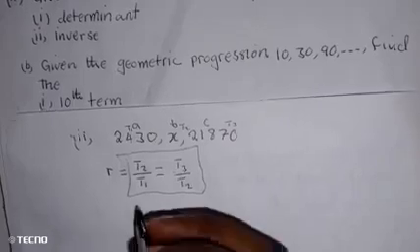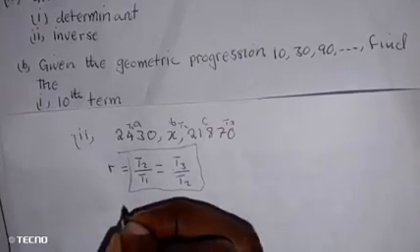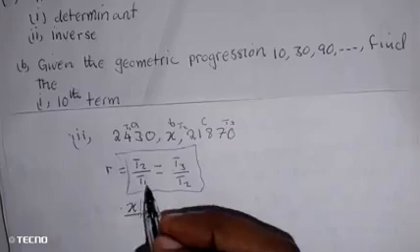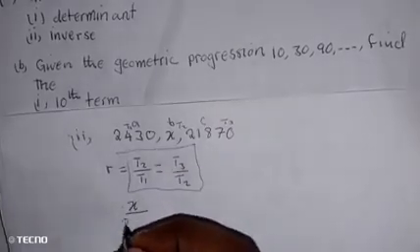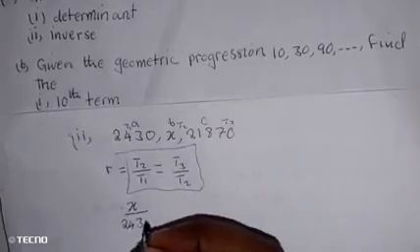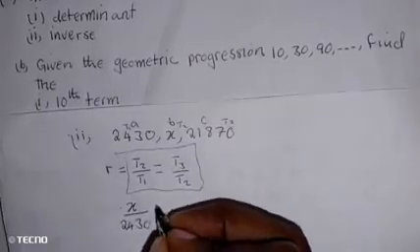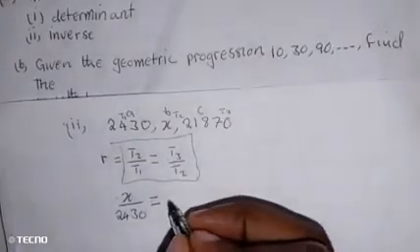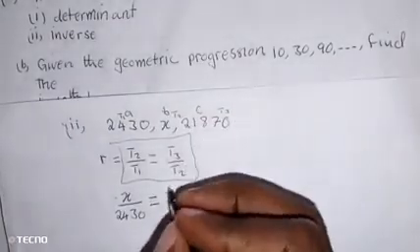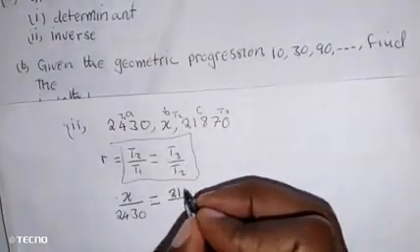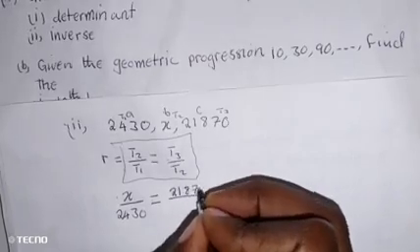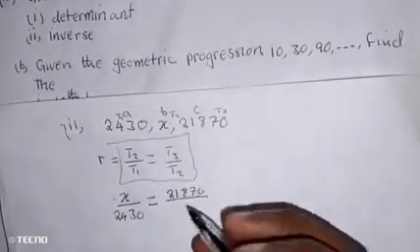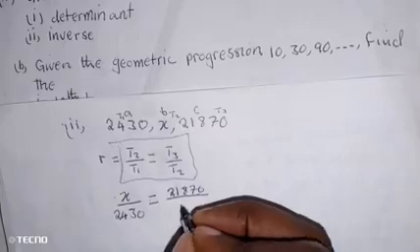So we'll say x over 2430 is equal to T3, which is 21,870, over T2, which is x.